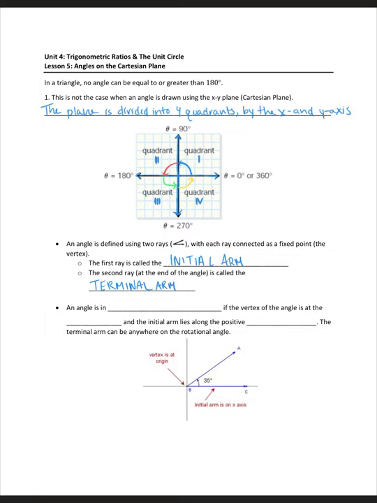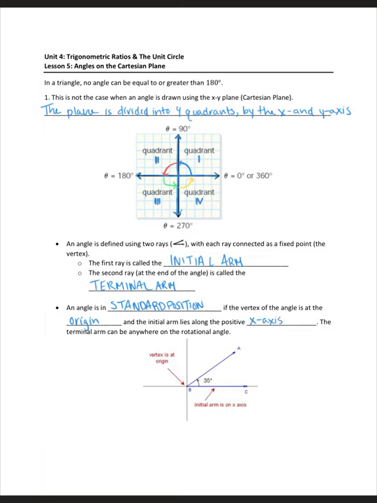All right, an angle is in standard position if the vertex of the angle, remember the vertex of the angle is just a turning point on a graph, is at the origin and the initial arm lies along the positive x-axis.